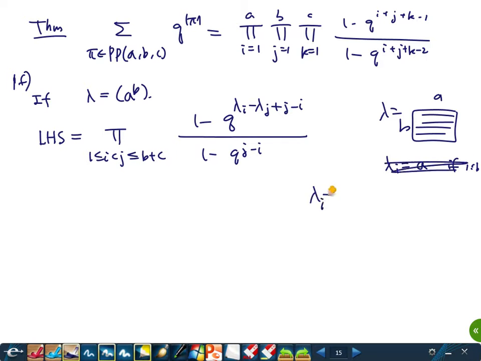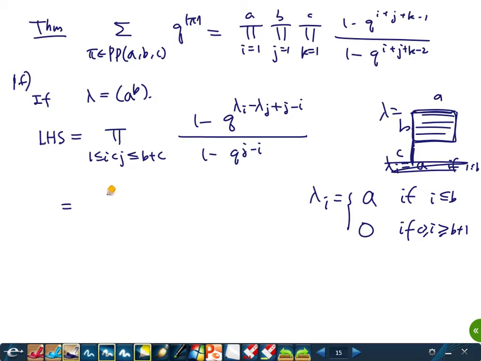Lambda i is either A or 0: A if i is less than or equal to B, and 0 if i is greater than or equal to B plus 1, up to B plus C. Because we are considering that lambda is a partition with B parts equal to A and C parts just 0. So if they are the same, this will be cancelled.